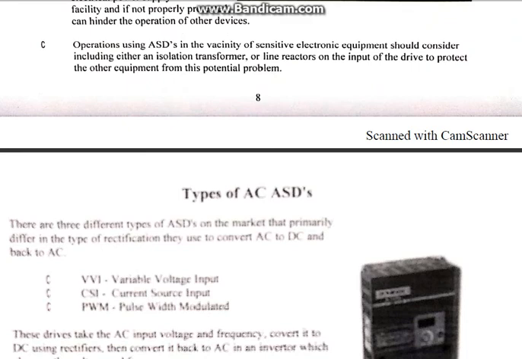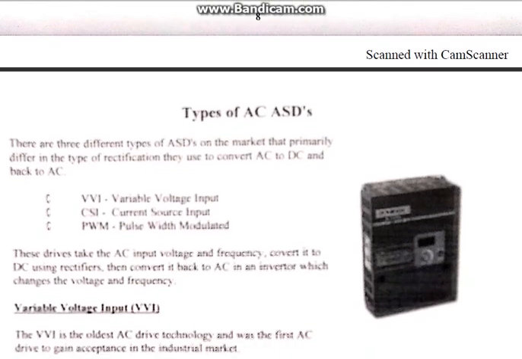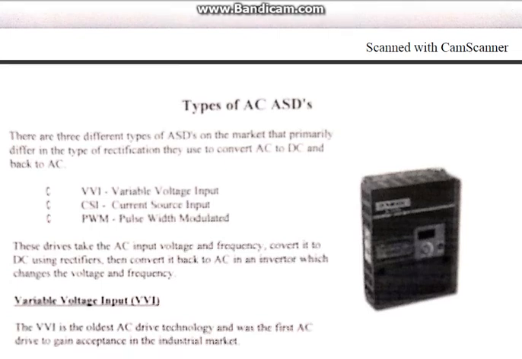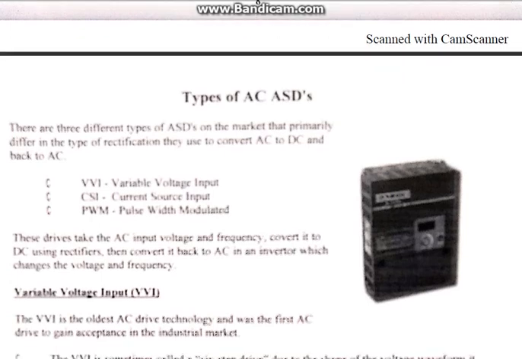Then different ASDs are noted over here, like variable voltage input, current source input, and PWM modulated ASDs. So these are the types of AC ASDs.